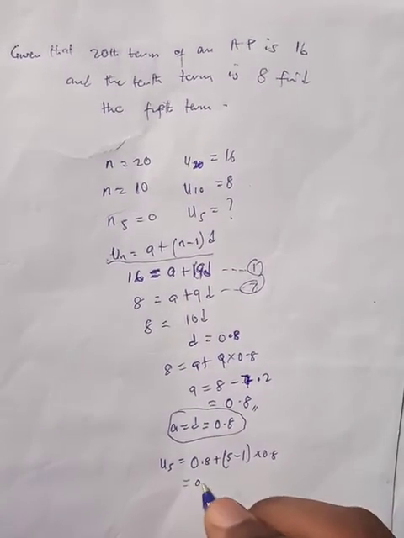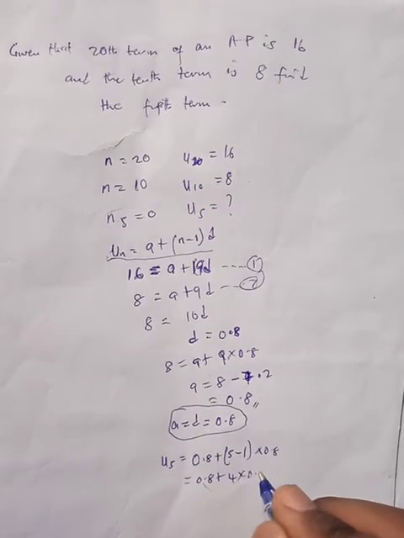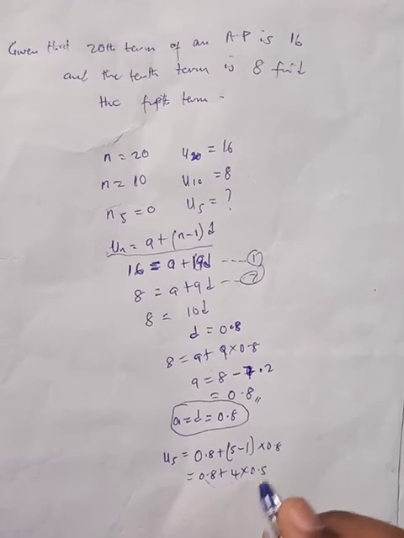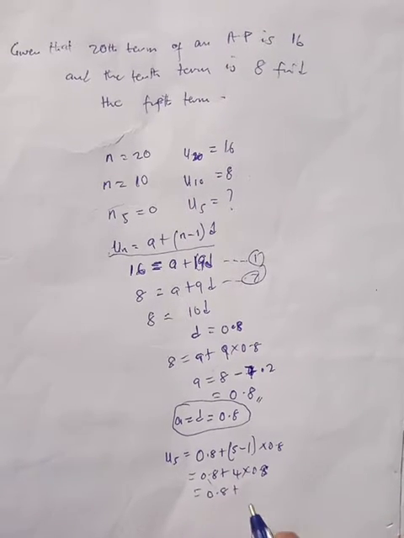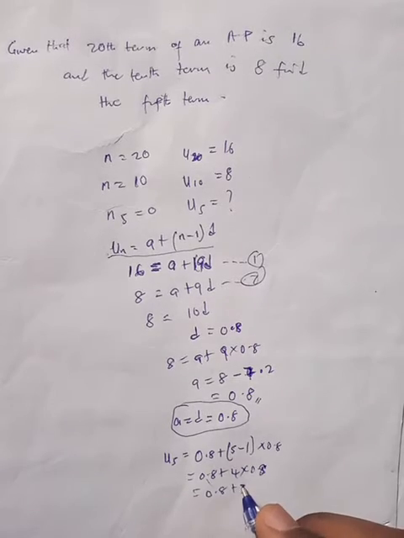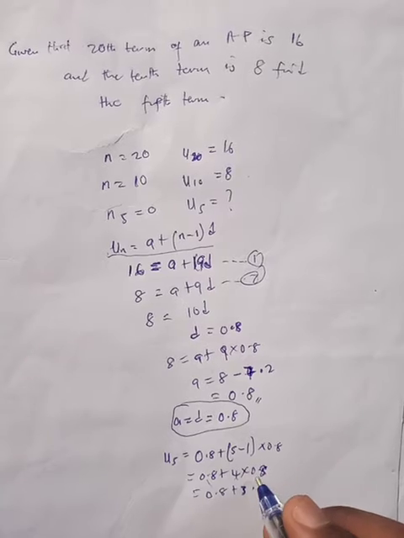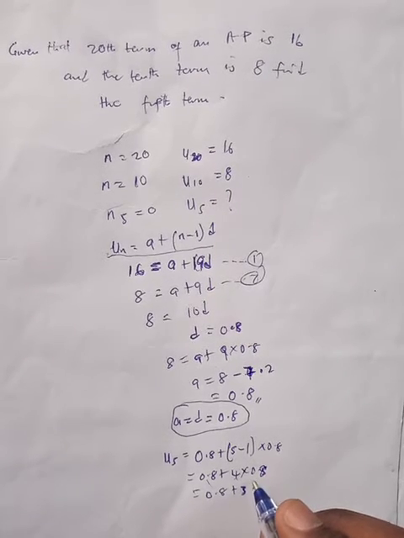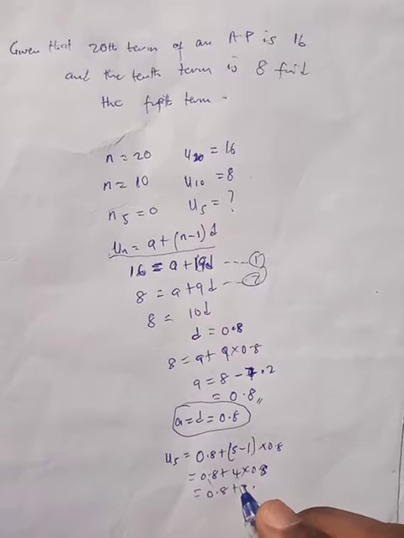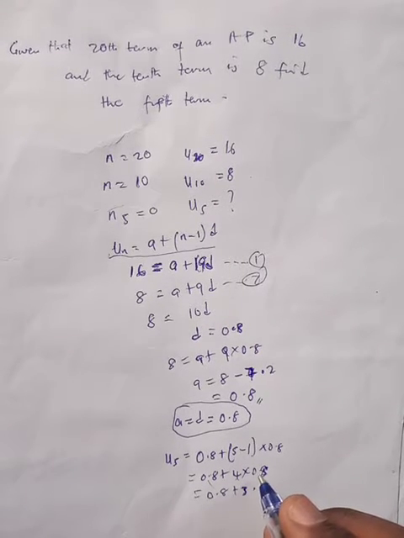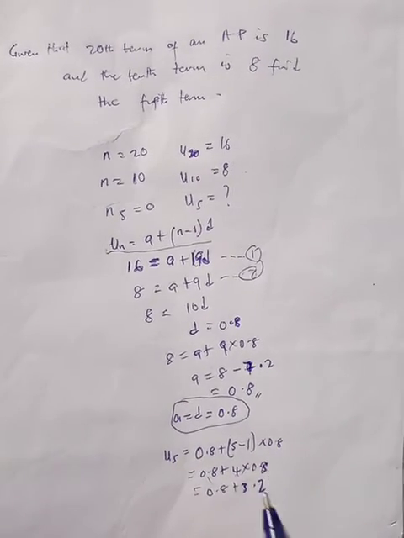Of course, we will have 0.8 plus 4 times 0.8. 4 times 0.8 is 3.2.